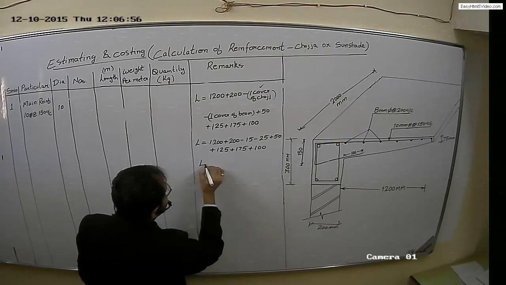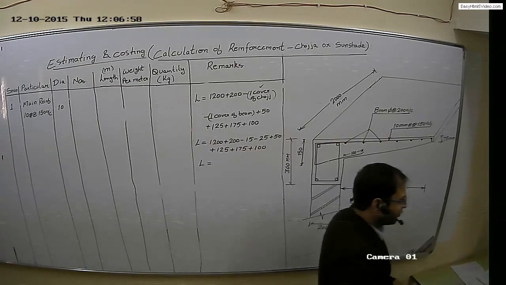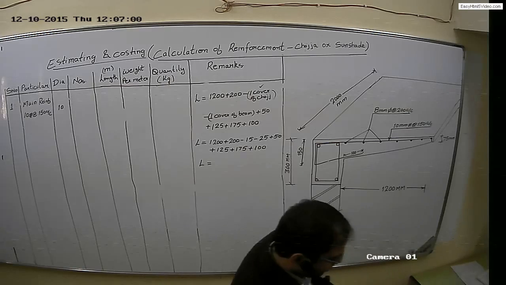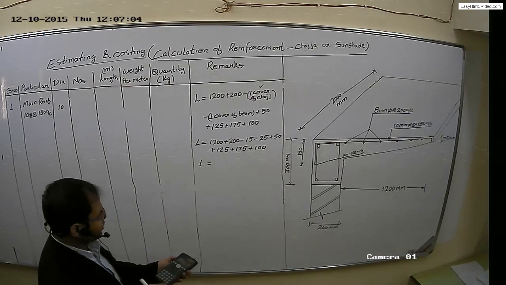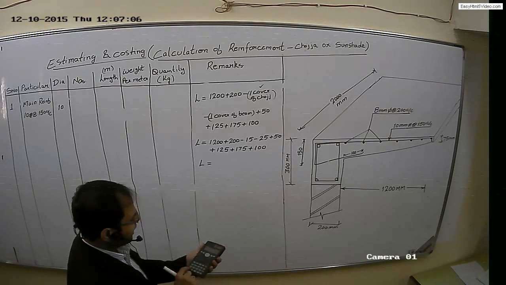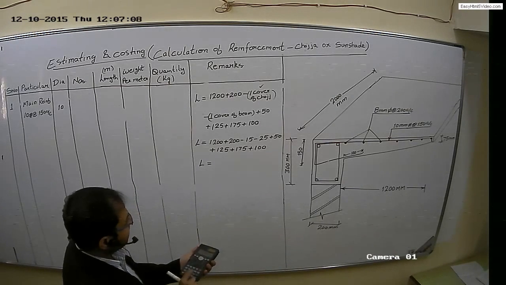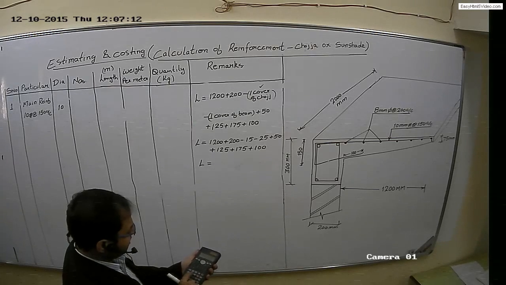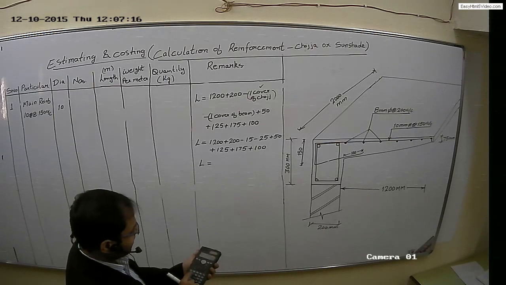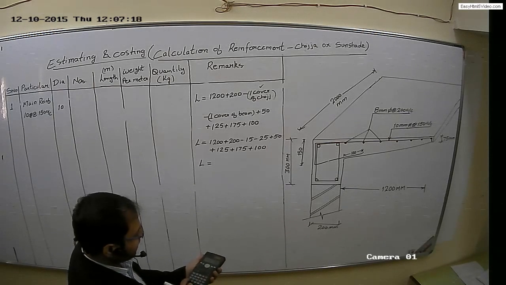On calculating this, you'll get the length of this particular reinforcement. So 1200 plus 200 minus 15 minus 25 plus 50 plus 125 plus 175 plus 100.